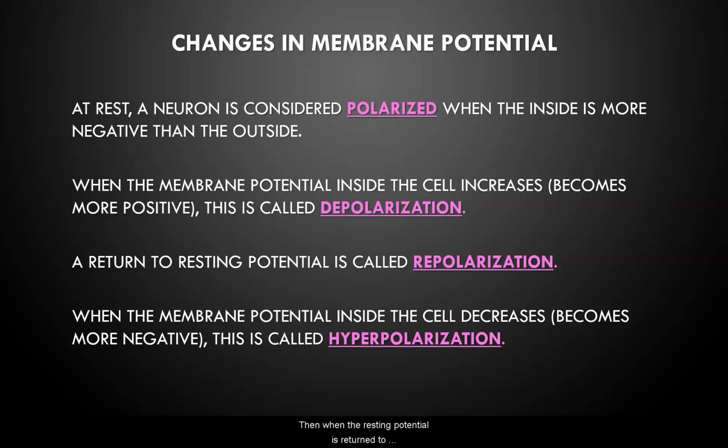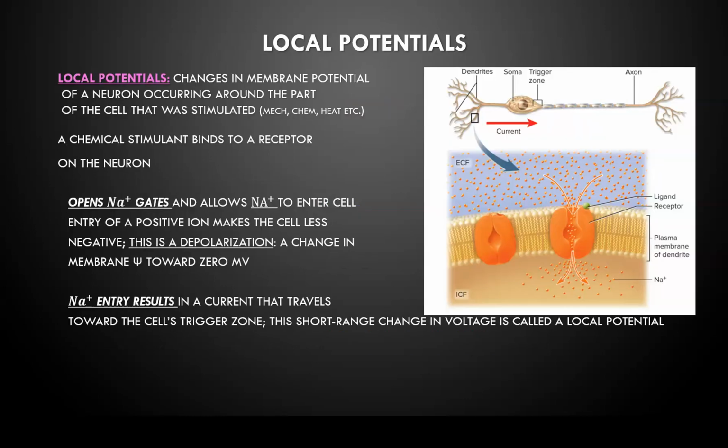Then, when the resting potential is returned to normal, we call this repolarization. And when the membrane potential inside the cell decreases and becomes more negative than normal, we call this hyperpolarization. So those are some definitions to keep with you as we move along in the rest of this chapter.